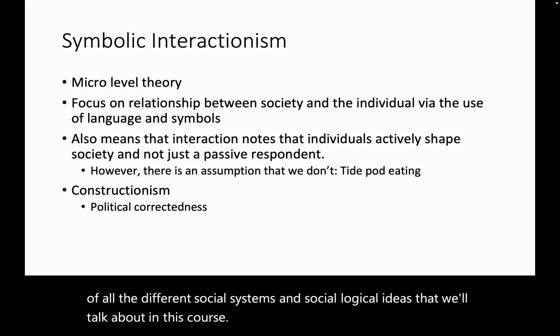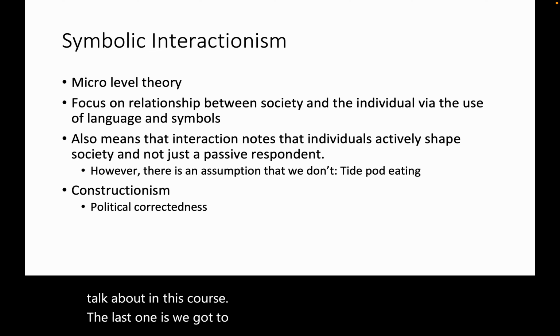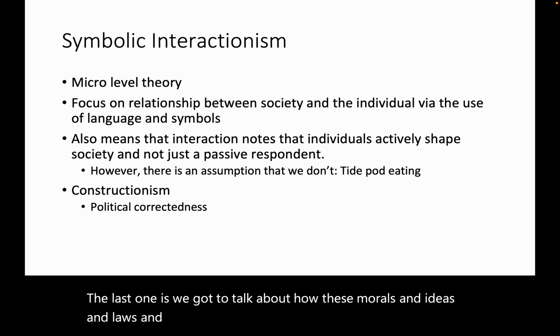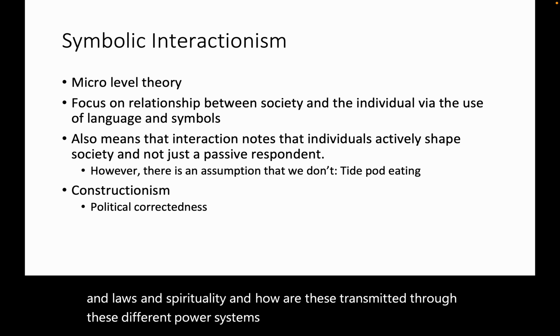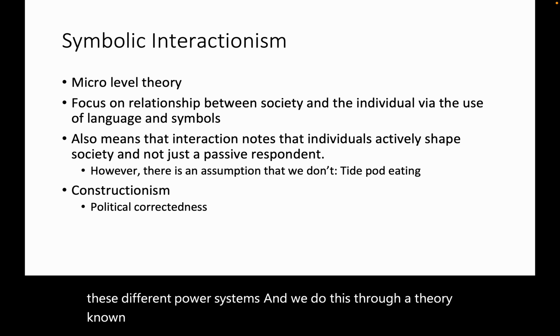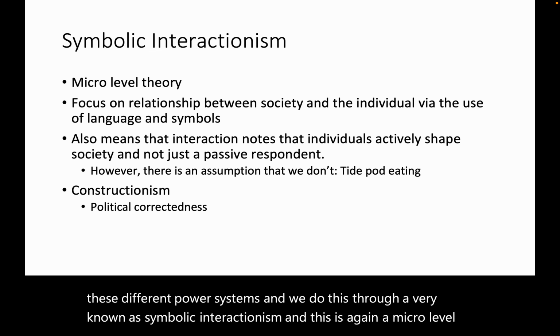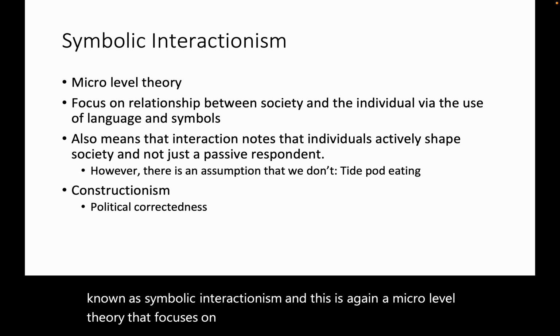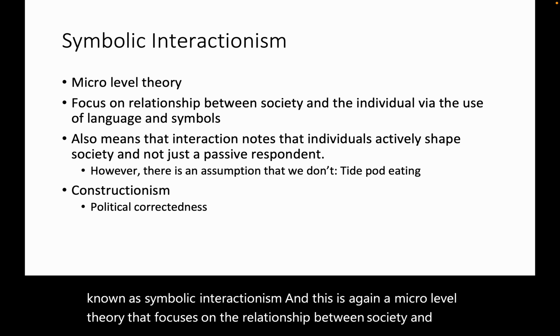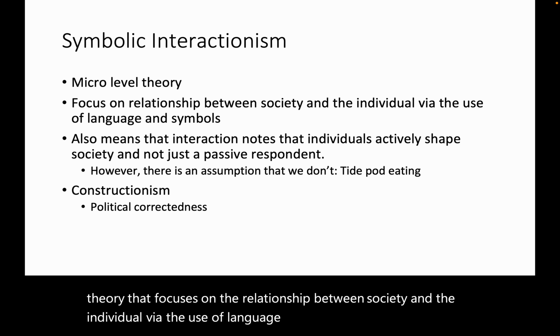The last one is we have to talk about how these morals and ideas and laws and spirituality are transmitted through these different power systems. And we do this through a theory known as Symbolic Interactionism. And this is, again, a micro-level theory that focuses on the relationship between society and the individual via the use of language and symbols.